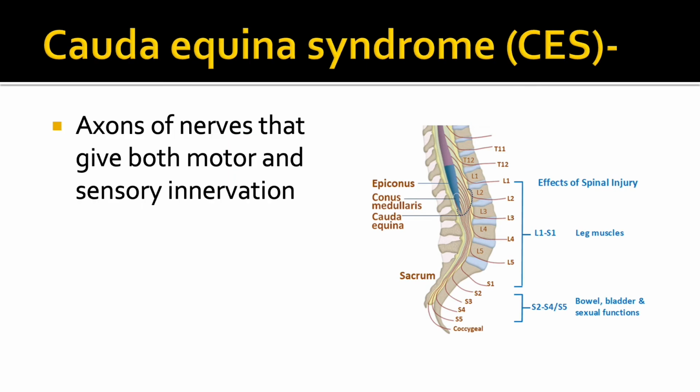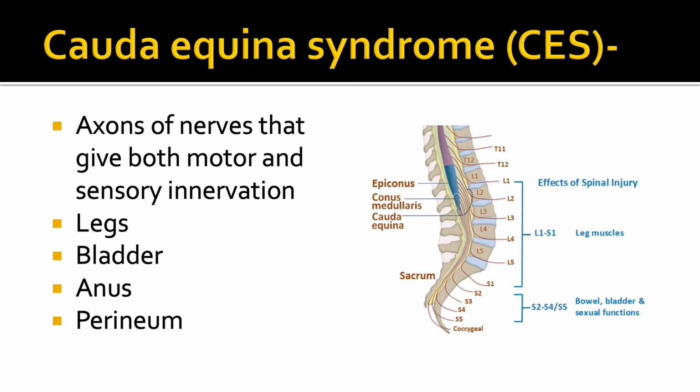What is Cauda Equina syndrome? We will once more review. The compression of the nerves that give motor and sensory innervation to legs, bladder, anus and perineum constitutes the Cauda Equina syndrome. We have already mentioned the Cauda Equina includes L2 downwards, and the roots are passing down because developmentally the spinal cord lags behind the growth of the vertebrae.